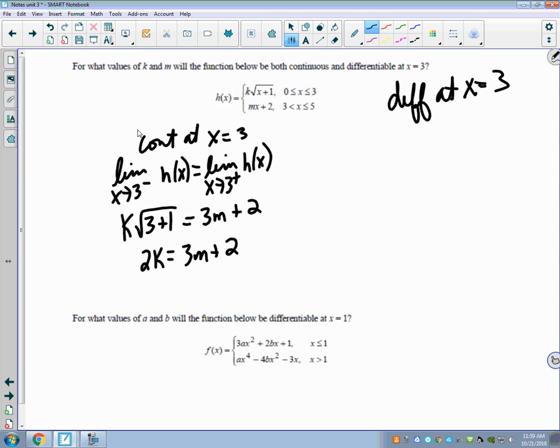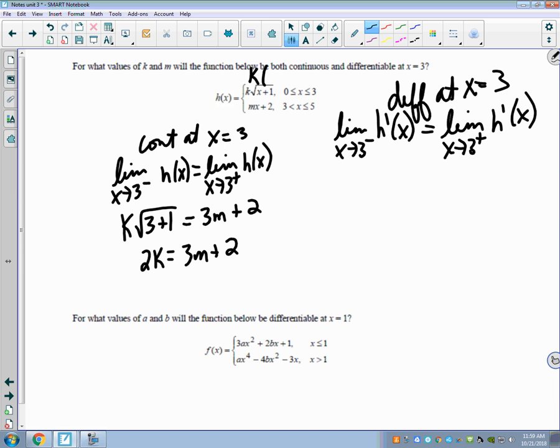I can take the derivative of this, right? So if I want to prove that it's differentiable at x equals 3, I can take the derivative. So basically, I'm going to do the limit as x approaches 3 from the left of h prime of x and set that equal to the limit as x approaches 3 from the right of h prime of x. And take those derivatives.